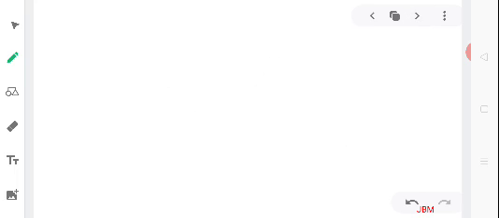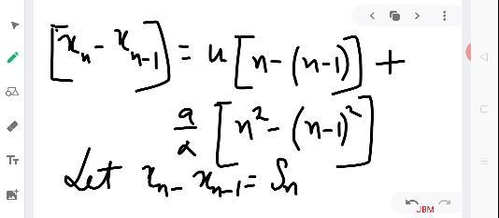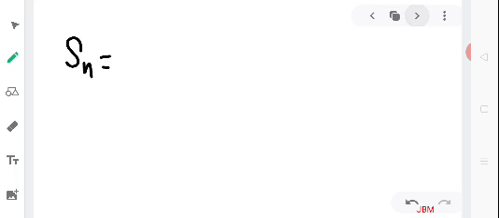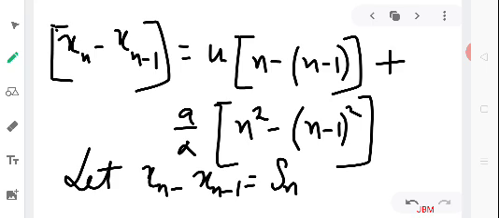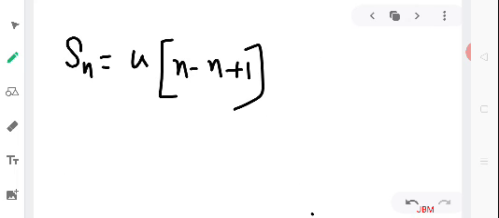So now in the next step I will write down S n equal to, let's do the calculation. It will become u times (n minus n plus 1). See, n minus n, minus minus plus, plus 1. So u times (n minus n plus 1), plus a by 2.